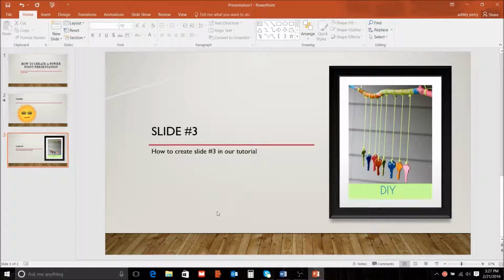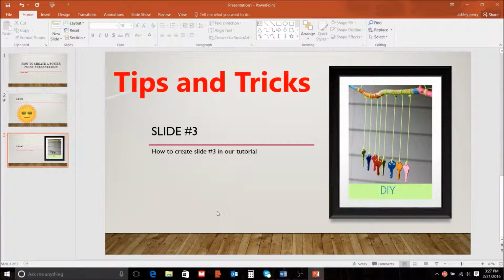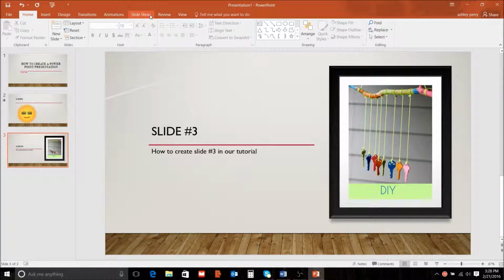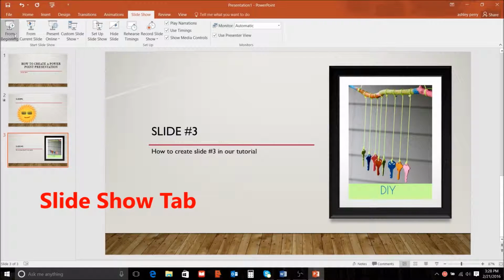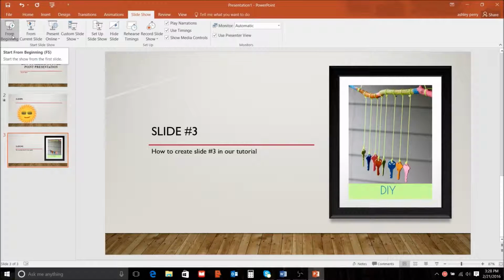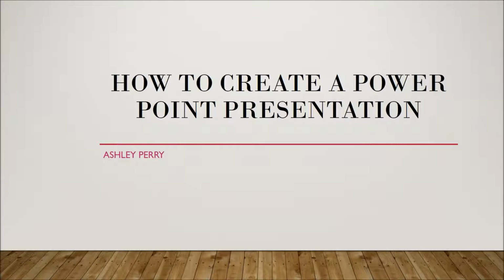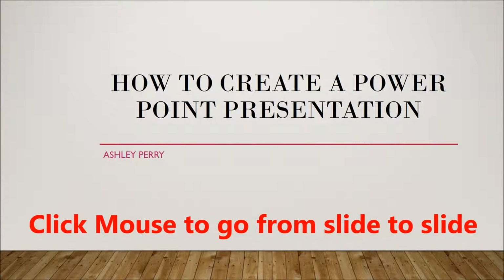So that is going to be kind of the end of the tutorial section. Now I'm just going to give you some last minute tips and tricks. If we go up to where it says slideshow up here, we can go over to where it says from beginning, and you can watch your entire presentation from the beginning to the end, just like this.